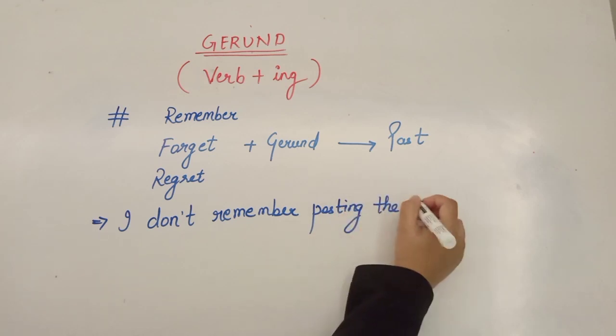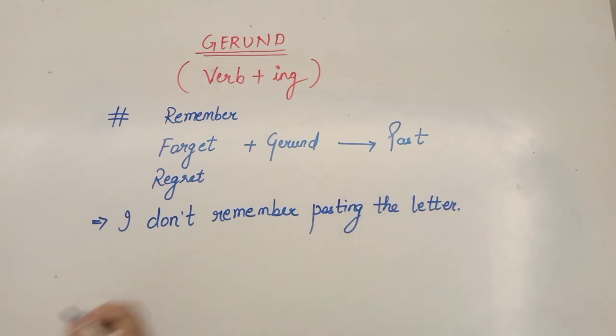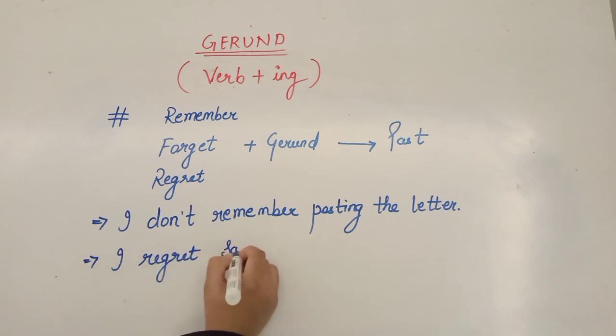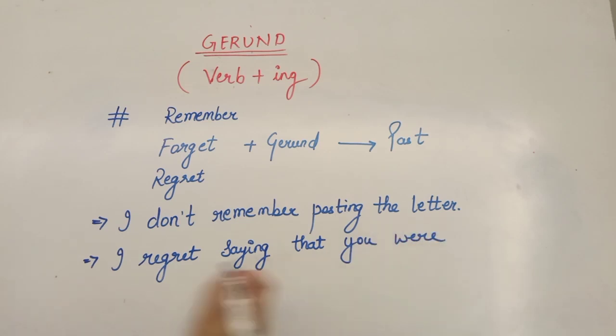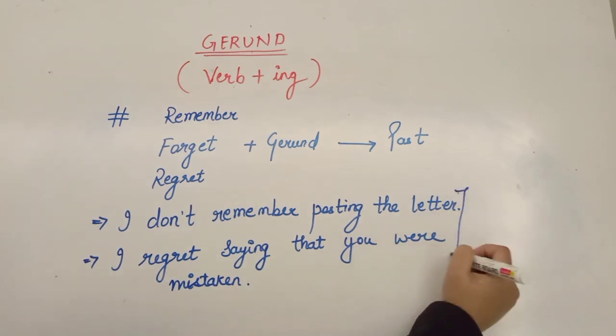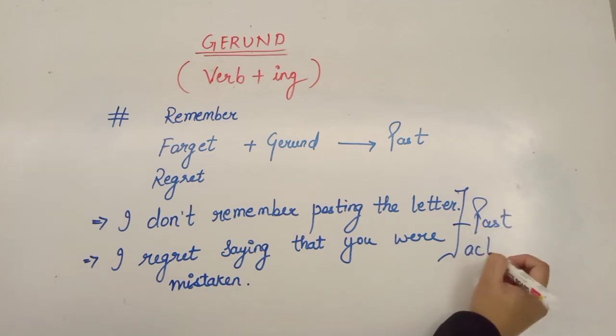Here we are talking about a past action, that I don't remember I have done this. Or, I regret saying that you were mistaken. Here you can see that after remember and regret we have used gerunds, posting and saying, and they both are showing past actions.